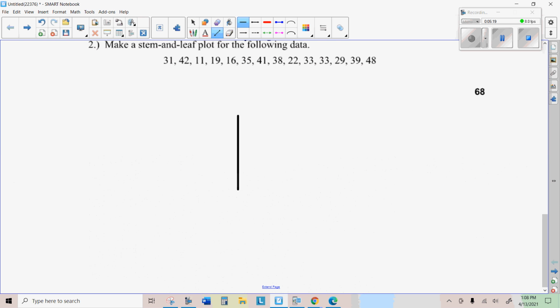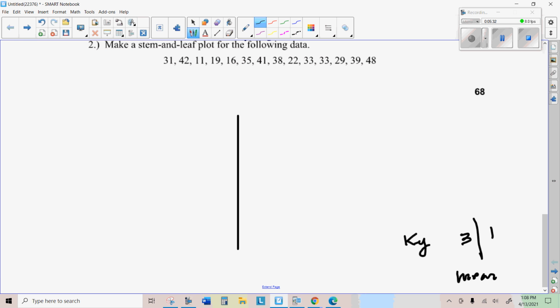Draw a straight line. Make a key. I'm just going to pick the first number, and this means 31. The numbers start in the tens, so I'm going to put a 1 here for those.